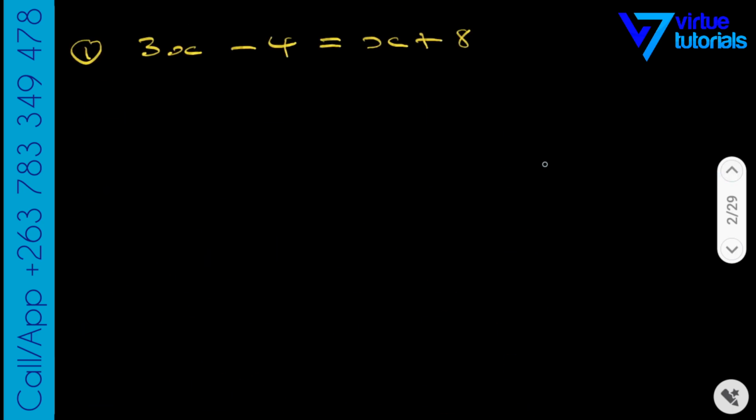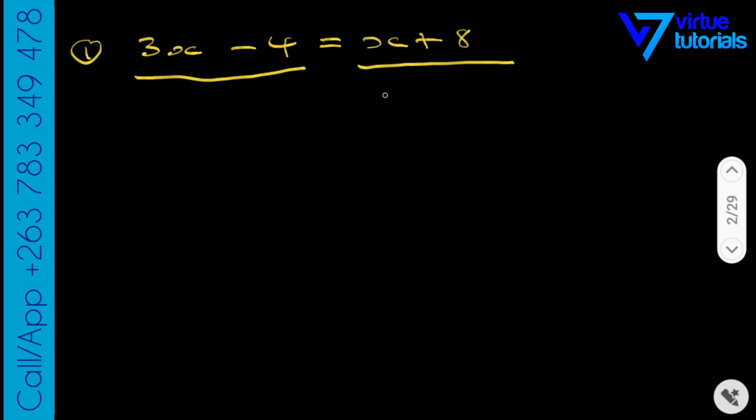Now, we want to look at the basic rules when solving equations. The rules revolve around the equal sign, and movement across the equal sign. What happens is that the equal sign separates the equation into two sides. Here you've got the left-hand side of the equation, and then you've got the right-hand side.